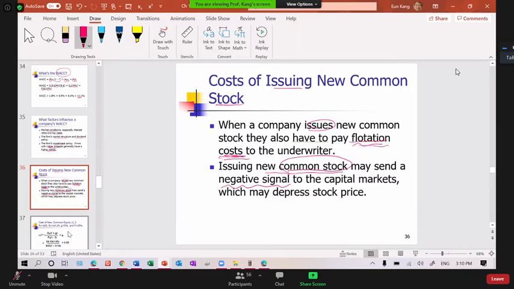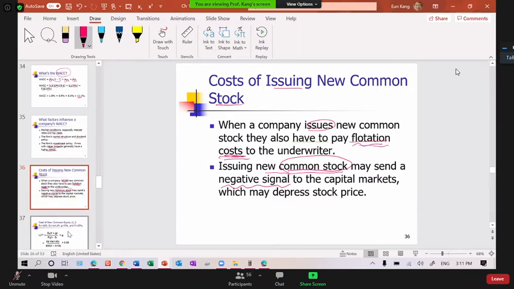If you borrow money, you only pay interest and all the profit will be yours. But if your investment is kind of risky and you don't know what will happen, then you want to share the risk with new owners. Then you may issue common stock.